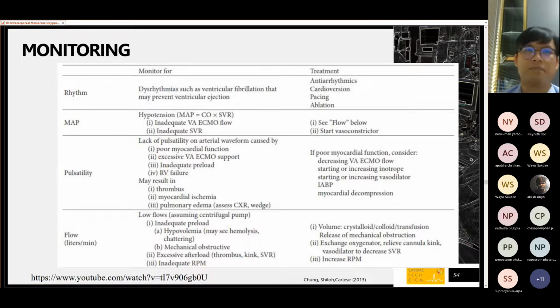You are going to talk with your team, your doctor: is that your order? Because I'm not doing it by myself. Sometimes they decrease the blood flow because they just want to see whether the patient recovers or not, but they forget to increase it back. So you need to recheck, as you are the perfusionist or as the ECMO specialist.